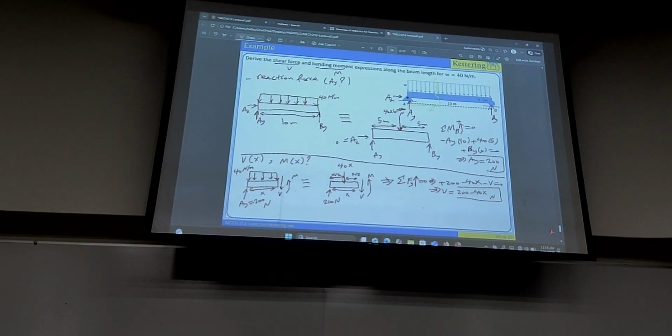And for M, we do the same thing, just take moment about the right hand point, this point x. So if I take moment about point x, 200 is a negative moment about x: negative 200 times x, which is the length. We're done with that, move on to 40x.